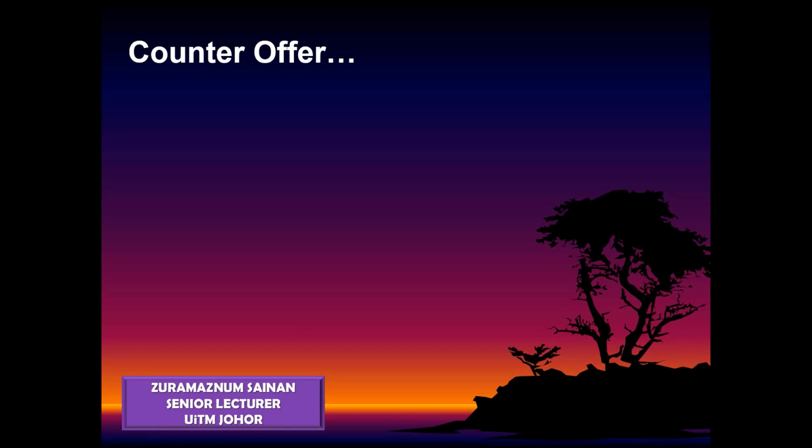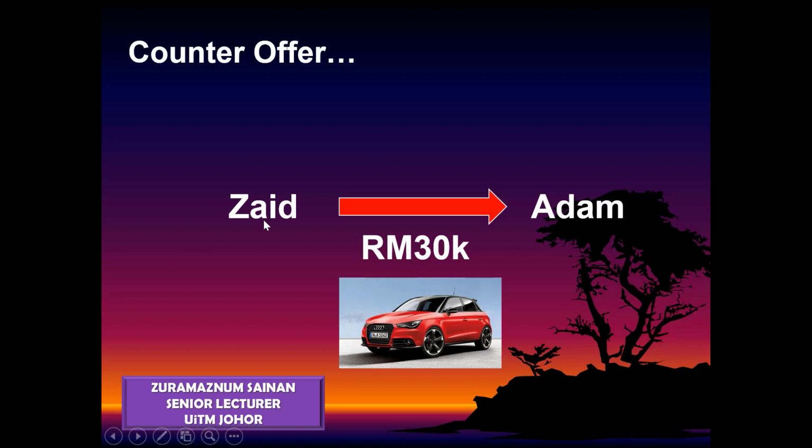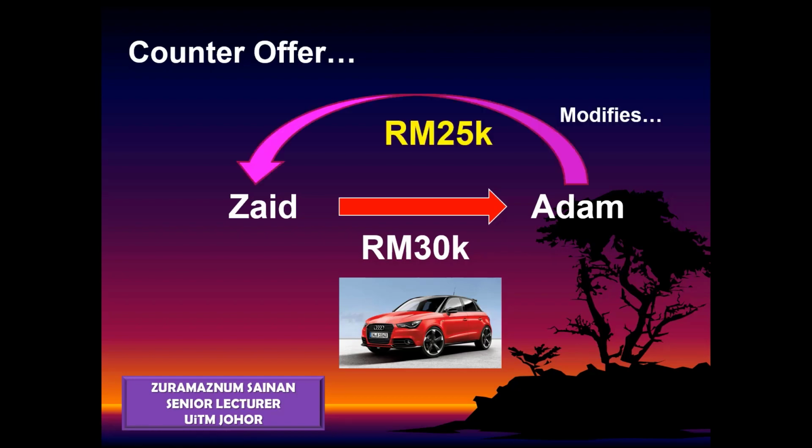How a counter offer may happen. Let's say Zaid offered to sell his car for 30,000 to Adam. And then Adam made the acceptance. He agreed to buy the car. But he modified the terms of the offer, saying that he agreed to buy the car for only 25,000.